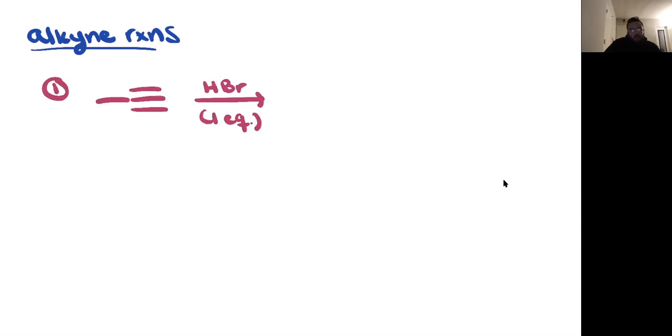Okay, so HBr, one equivalent of it, is going to give you a bromide that has added to the more substituted side of that triple bond. It's really important to specify that you have one equivalent over here, because if you don't specify a number of equivalents, that can be a little ambiguous.